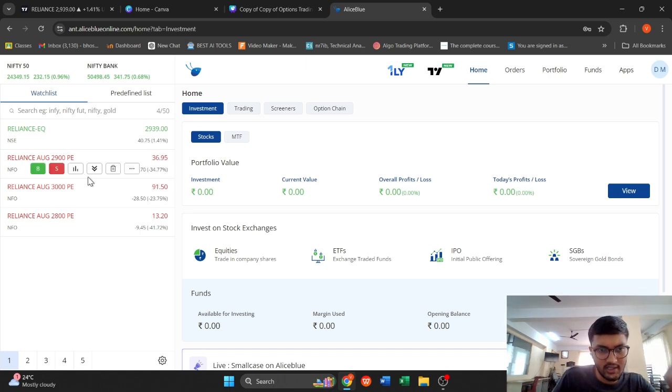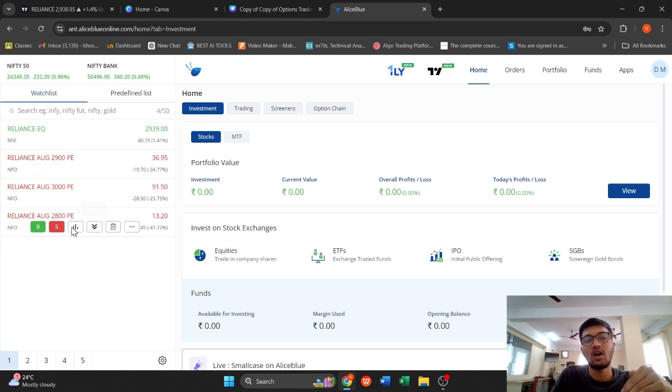So again, I'll tell you, in the money option, in case of put, will be having more premium. At the money will be having the same kind of premium. Out of the money will be having slightly less premium and the cheapest. So most of the people in Indian markets lose money because knowingly or unknowingly they are trading in out of the money options.